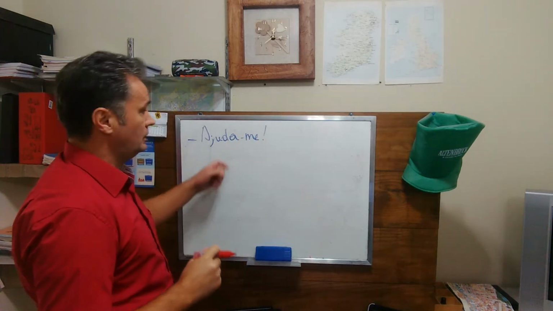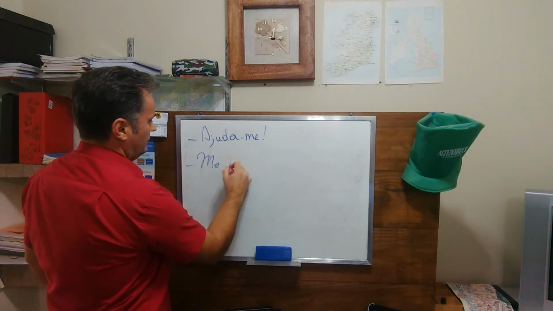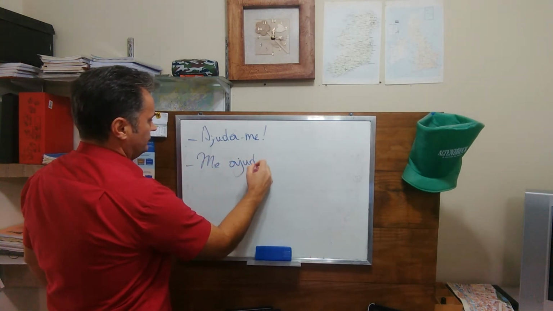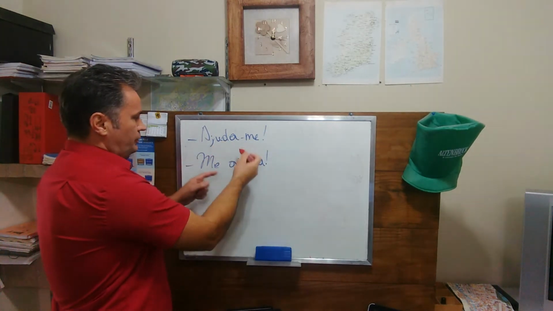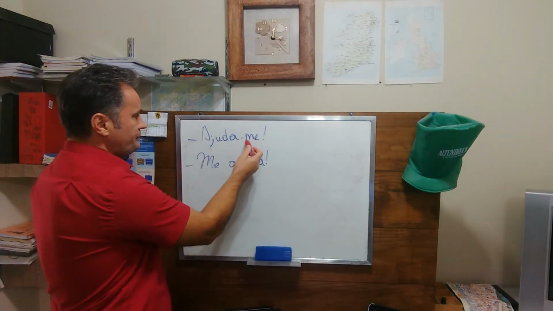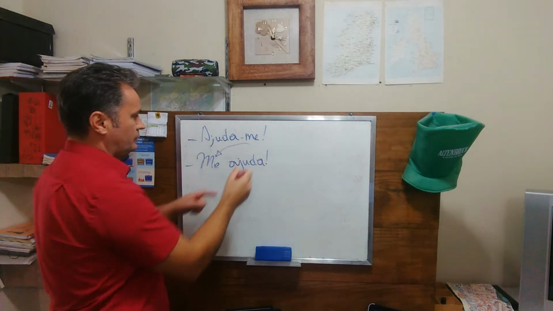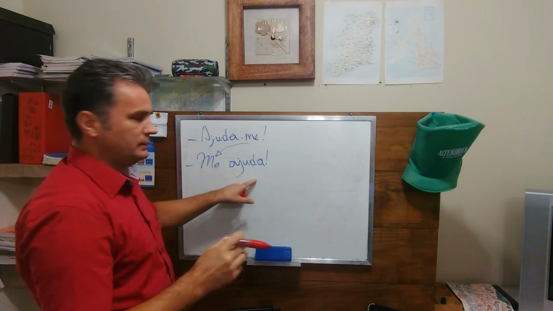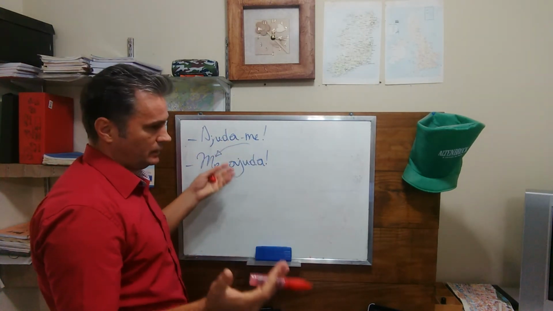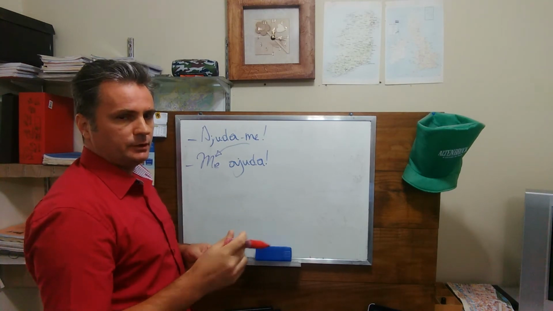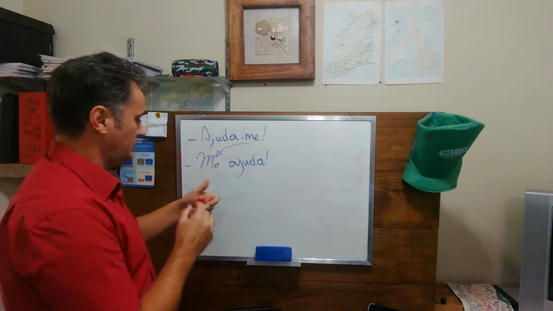Help me, ajuda-me. Me ajuda. Right? We usually put this object pronoun here in the beginning, before the verb. The right thing, just like in English, is after it. Ajuda-me. But, again, it's spoken Portuguese, so this is the form we use, right?